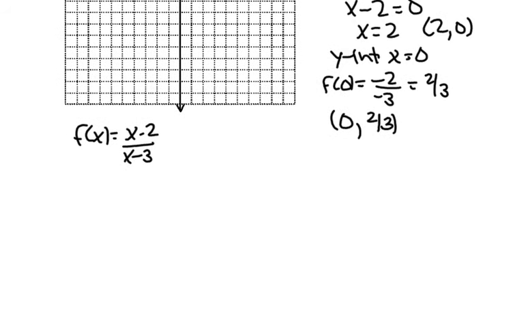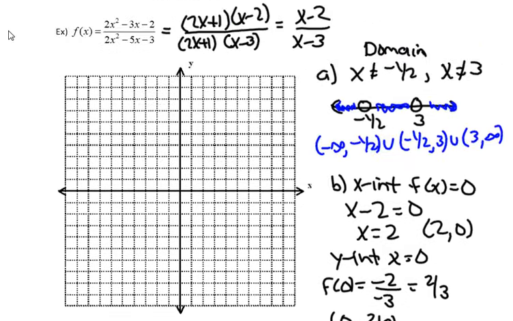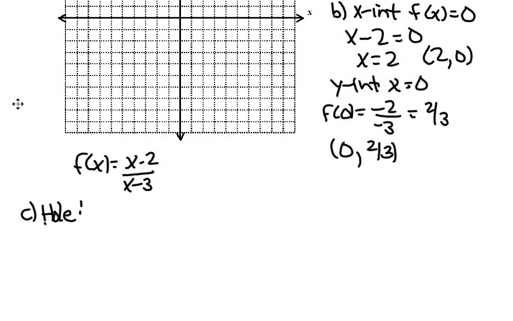Part C is my asymptotes and holes. Okay, we'll scroll back up quickly. Notice a common factor that divides out, so we know x equal to negative a half is a hole. The vertical asymptote is found by setting the denominator equal to 0, so that's x equal to 3.